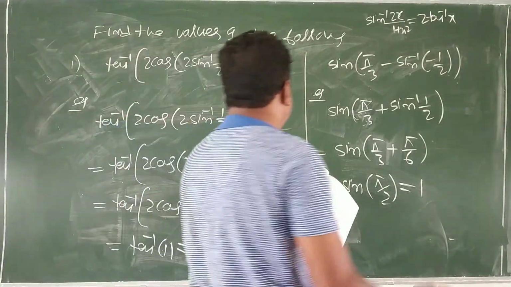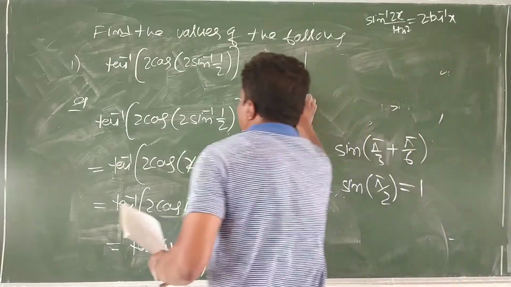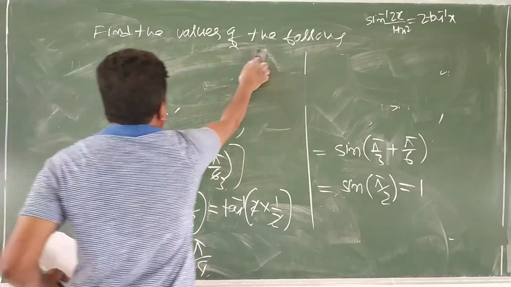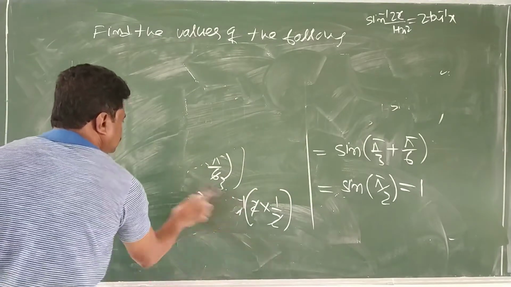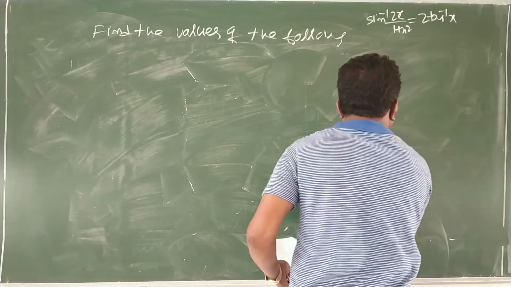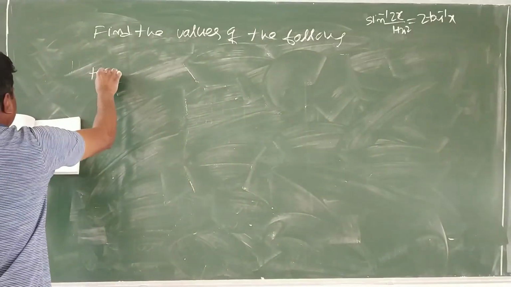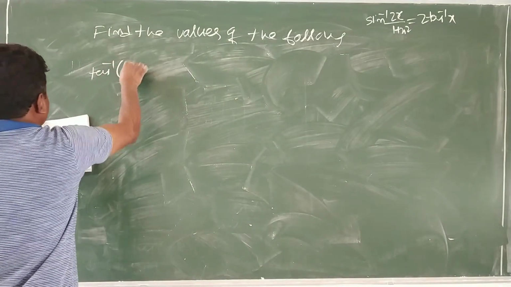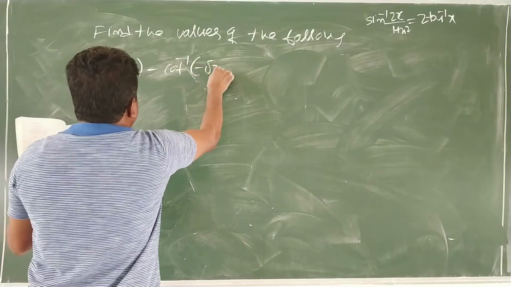Let us solve one more question. Tan inverse root 3 minus cot inverse minus root 3.